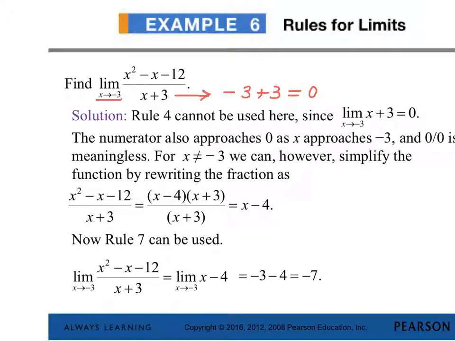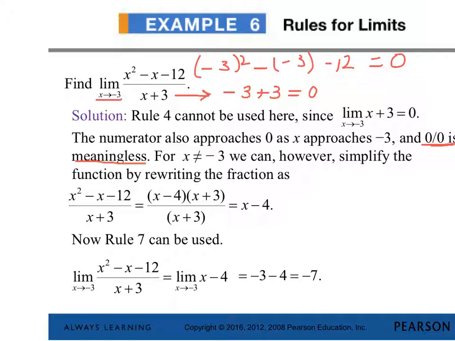And actually, if you plug in negative 3 in the numerator, what you see happen is that that's also 0. So not only is it undefined in the denominator, 0 over 0 is meaningless because you can't divide 0 by 0. It's the only constant that cannot be divided by itself and come out to be 1.